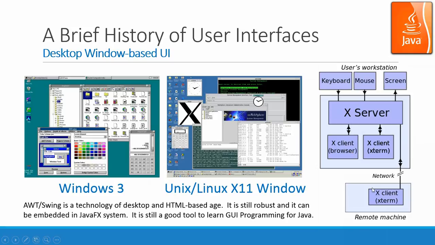Those X clients are facing the user, and inside there you have screen, mouse, and keyboard as the main hardware. And AWT and Swing are technologies of the desktop and HTML-based age. And they were put into use at about the same age when the desktop window started.